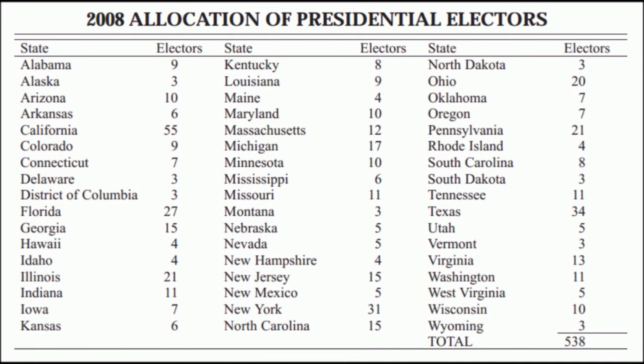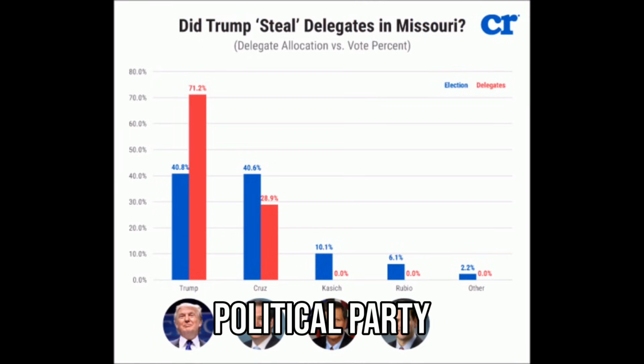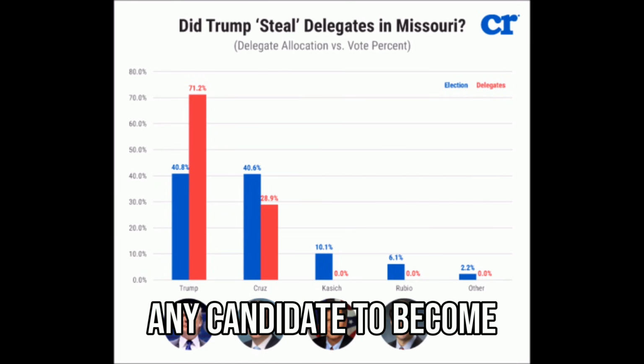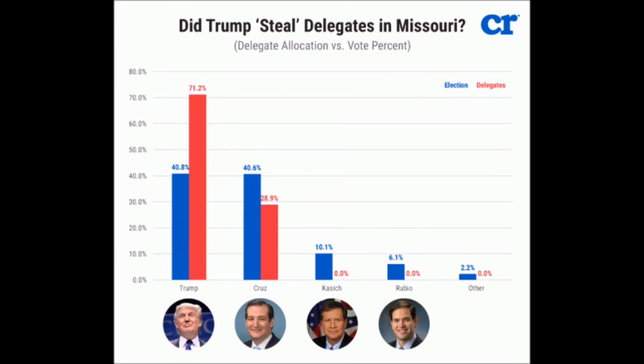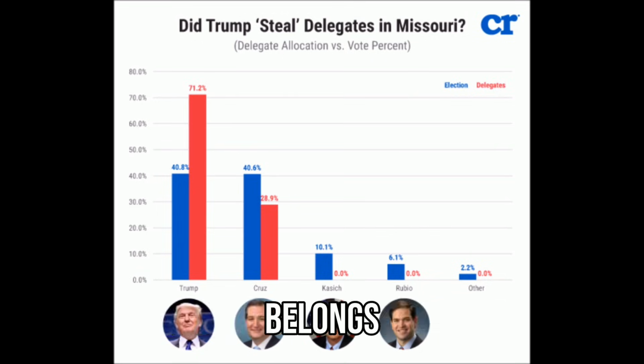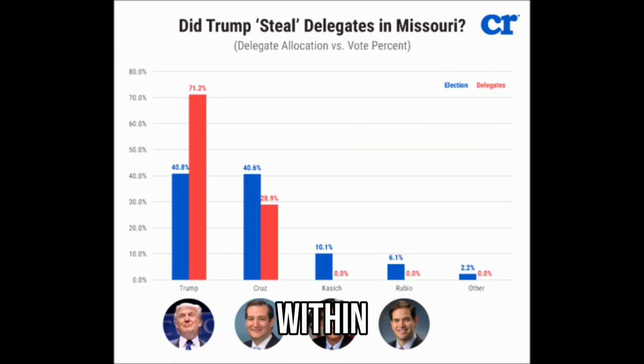Close quote. Put simply, the delegates of any political party simply do not matter, because they do not elect any candidate to become the president. That constitutional prerogative belongs solely to the electors within the Electoral College.